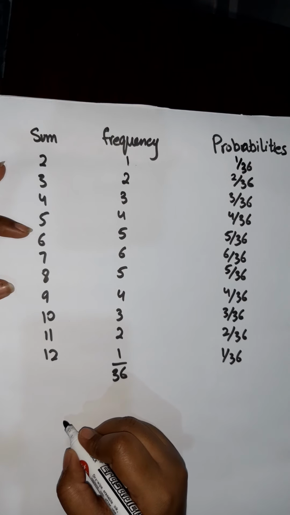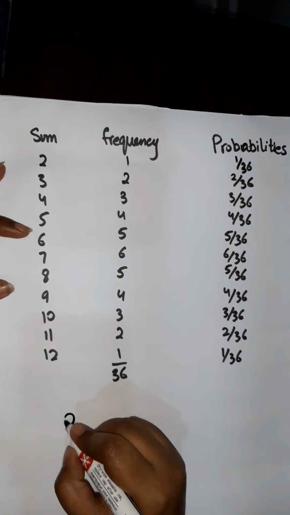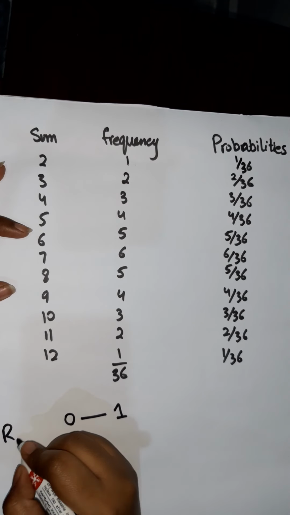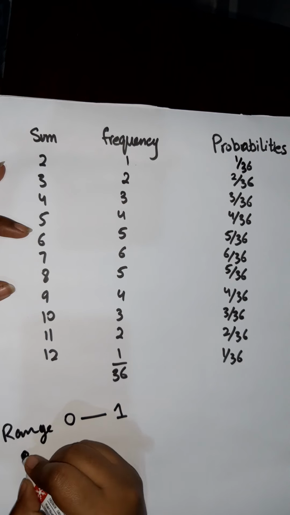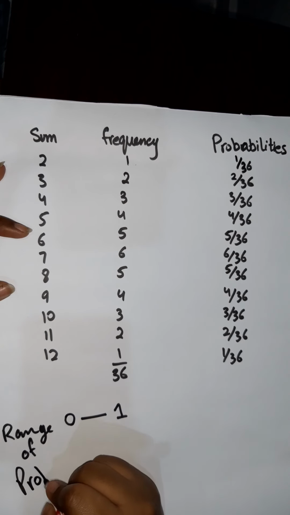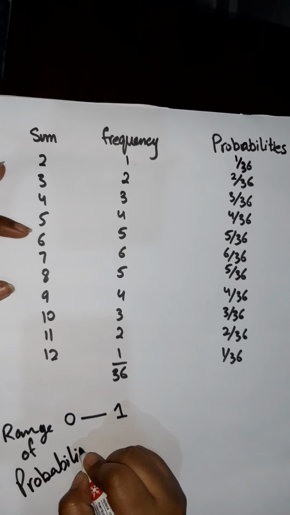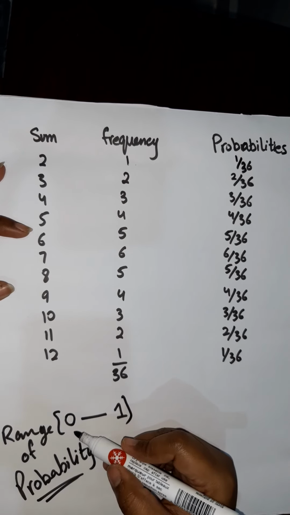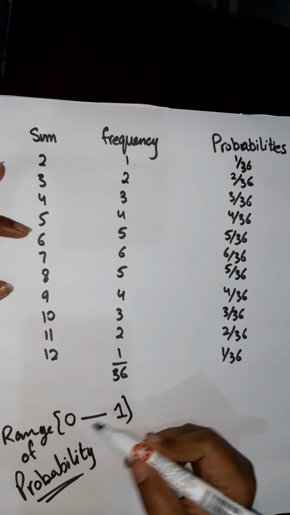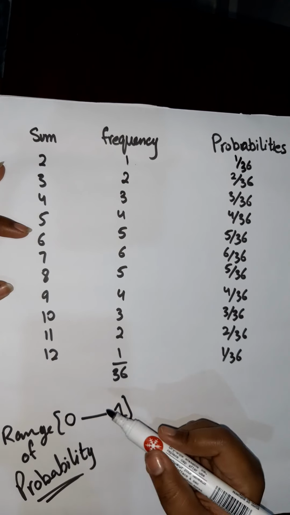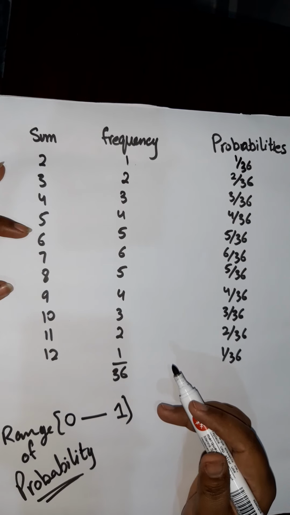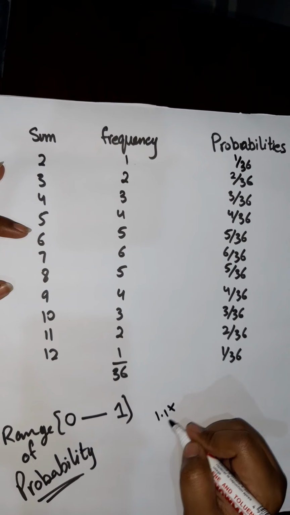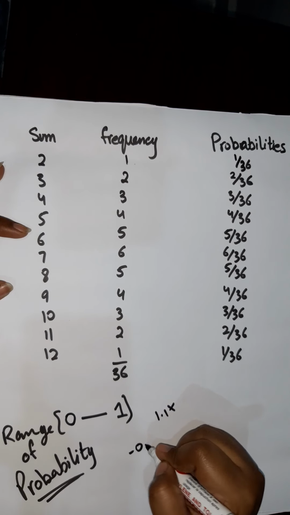The most important property of probability is that its range is from 0 to 1. It can be 0, it can be 1, but probability can never be negative, and probability can never be more than 1. It cannot be 1.1, and it cannot be minus 0.1.